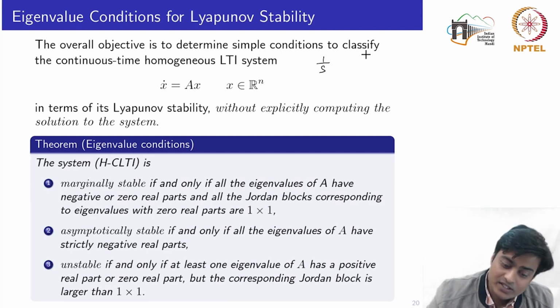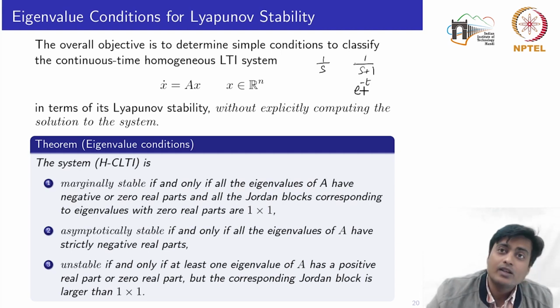Now let's say I have a transfer function 1 upon s plus 1. I know that the response is exponential, and in the time domain it would be e to the power minus t. So as t tends to infinity, the response would die out. Systems having such transfer functions are asymptotically stable. Now consider 1 upon s square: irrespective of any initial conditions or any input, this system will always be unstable, right?